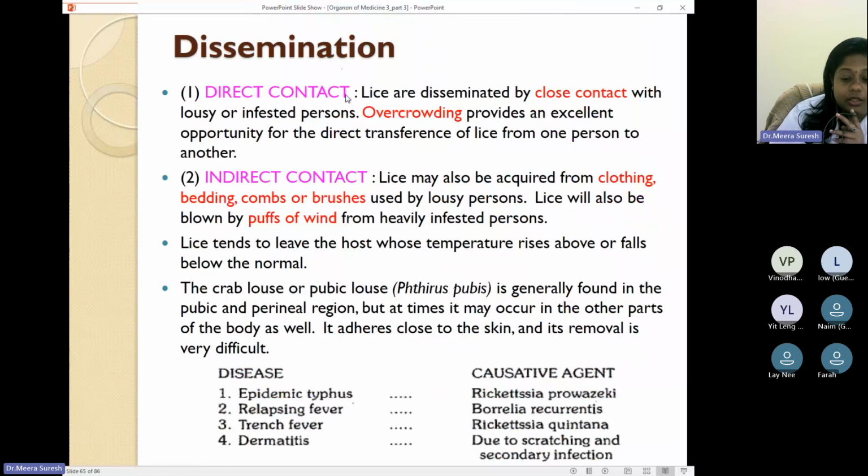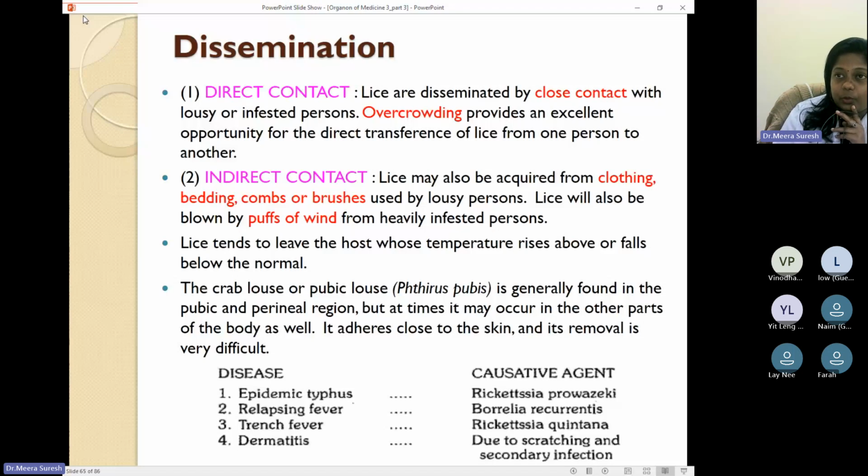Direct contact: if we come into direct contact with a person who is heavily infested with lice, there is a probability that it gets transferred to our body also, especially by close contact. Even when we are lying down, especially kids at a sleepover, one kid may not have lice in her hair, but the friend may, and the next day we can see it, because if they are lying so close to each other, it is going to move from head to head or along with the pillow, because it is a very short distance.